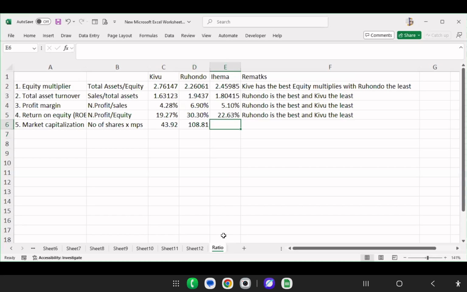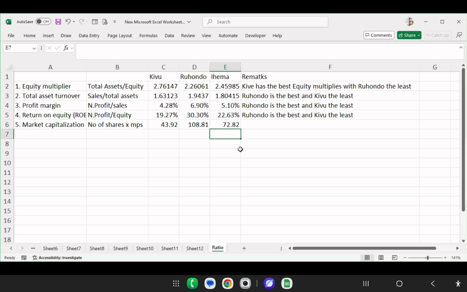Then the next one is giving me 1.1, you multiply by 66.2. Good.